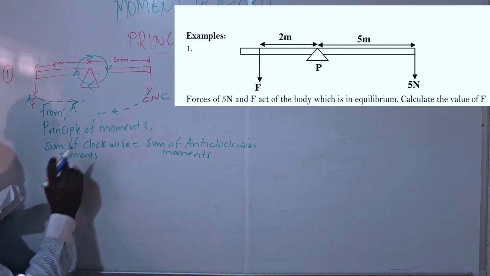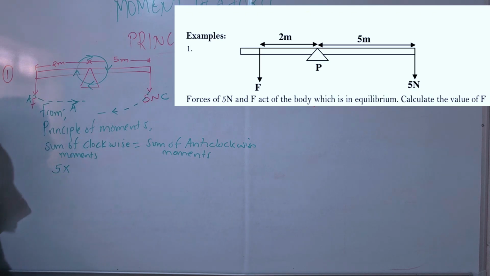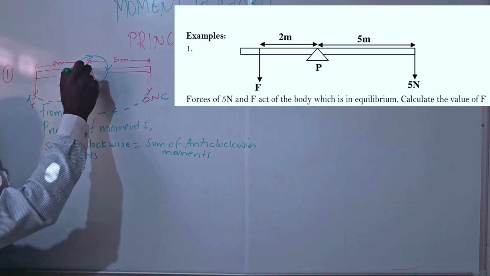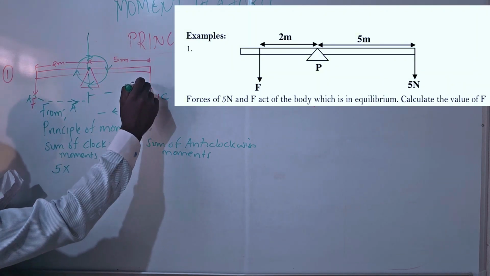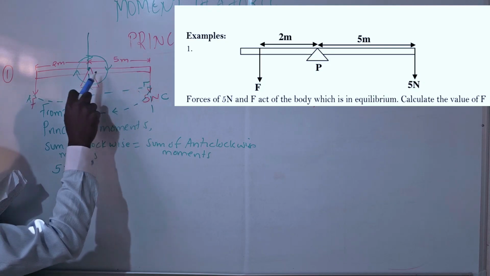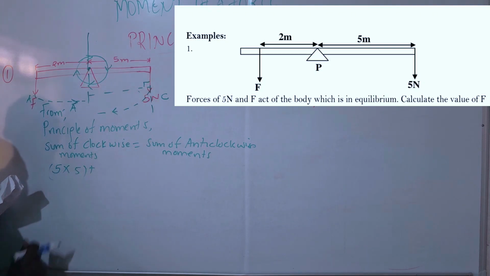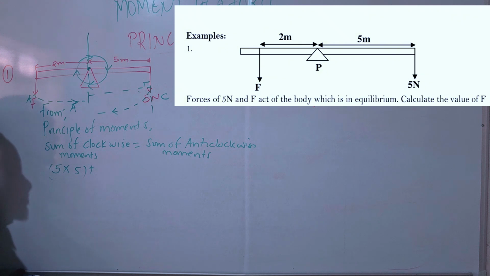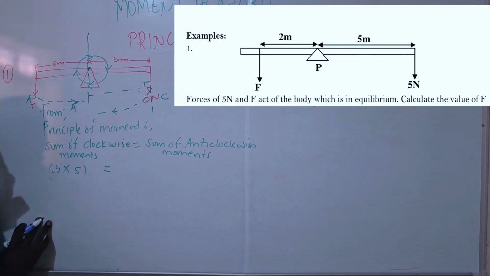Come and get the clockwise. That is 5 times the perpendicular distance from the turning point. This is the distance meeting this force at 90 degrees, from here to here. That is 5. Plus any other clockwise moment? No. It is equal to the anti-clockwise.